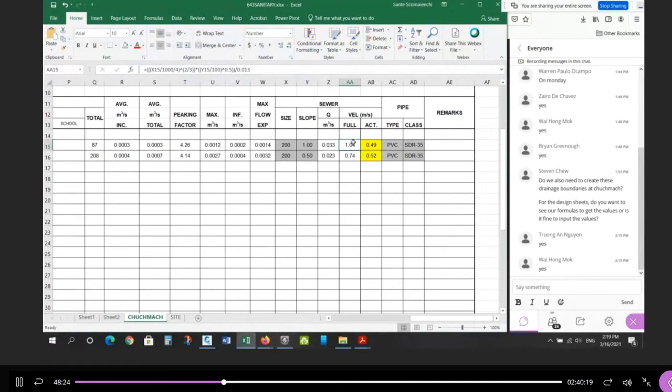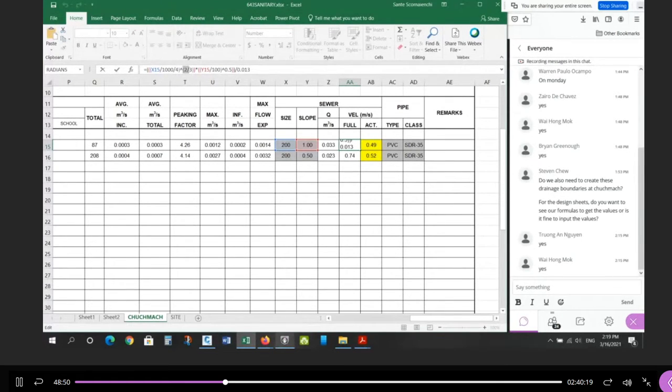So first I calculate the velocity, and you'll see here's the pipe diameter. Now notice I'm typing in the size in millimeters, so I have to convert that to meters. If you go to the velocity, you'll see this divide by 1,000 here. So this is the diameter divided by 1,000, divided by 4, and then I raise it to the power of 2/3.